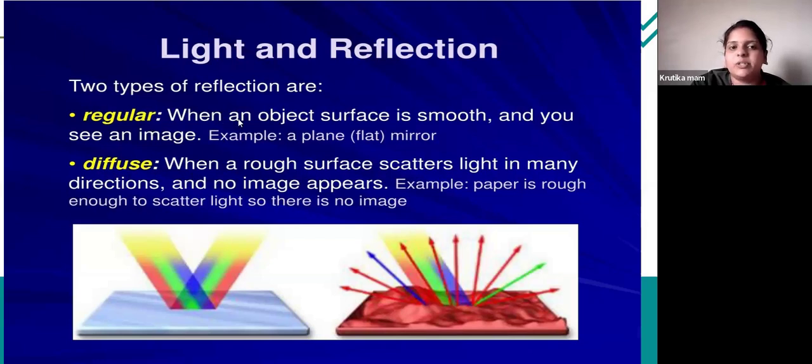So what do you mean by regular reflection? When an object surface is smooth.